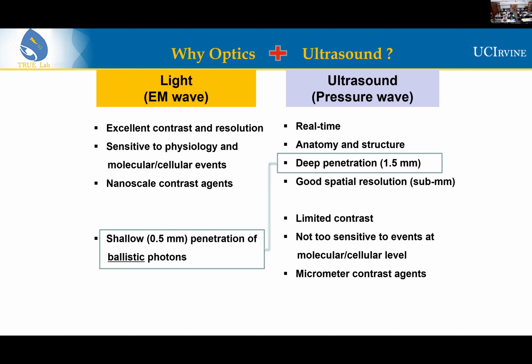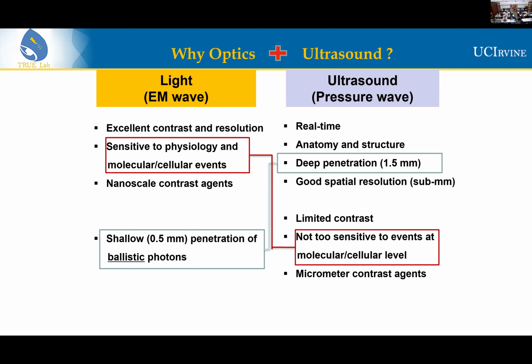Sounds like not a big deal, but even with that improvement, we can image a lot more targets alive. And optical imaging has very good sensitivity for many molecular and cellular events, but ultrasound does not have. So we don't compare with ultrasound.